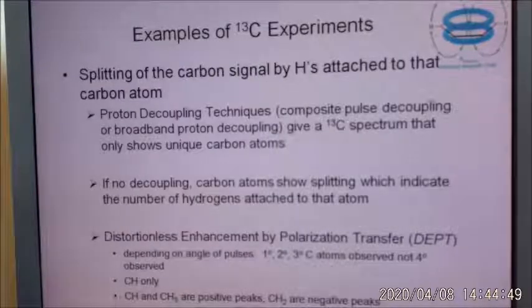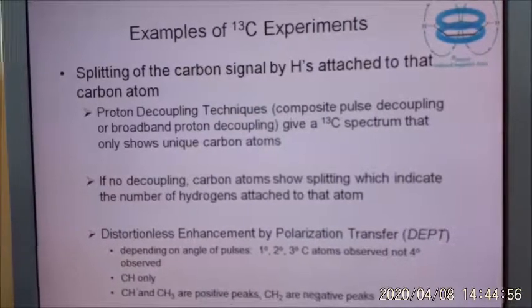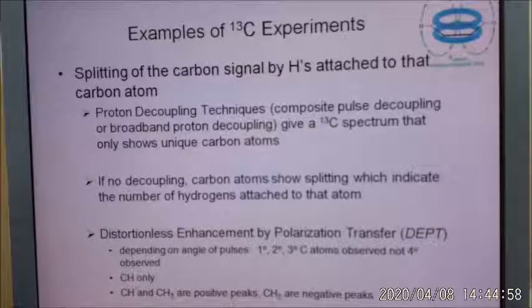Do we see splitting? Yes, you can see splitting on a carbon, but the splitting is not due to neighbors. The splitting on the carbon is actually due to the number of protons attached to the carbon atom. So it can make your carbon-13 spectra very complicated, messy.